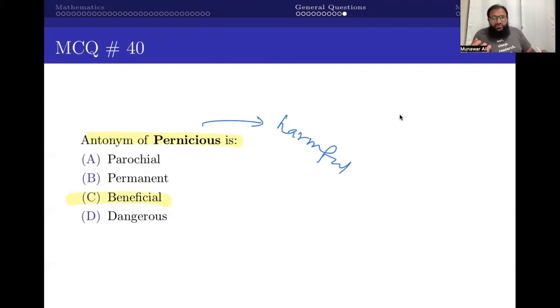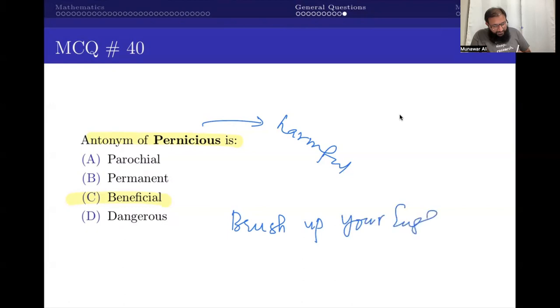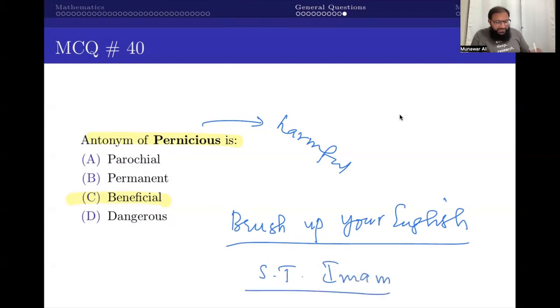The second thing is, if you don't have time for those things, and you are going to prepare for an exam and you have only 10 days or 20 days or 30 days or maybe 2 months, the good thing is to go through some book which is short and concise. So one book is Brush Up Your English. I think it's by Steamon and it's easily available in the market.